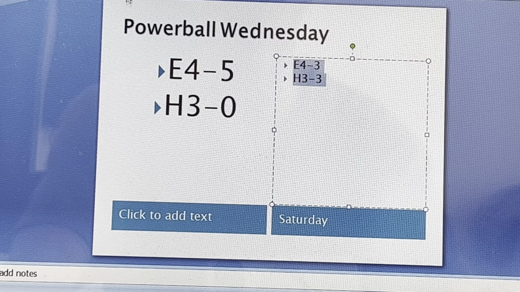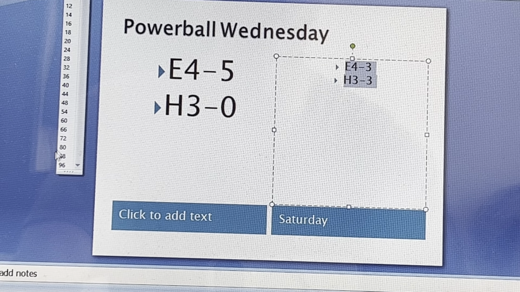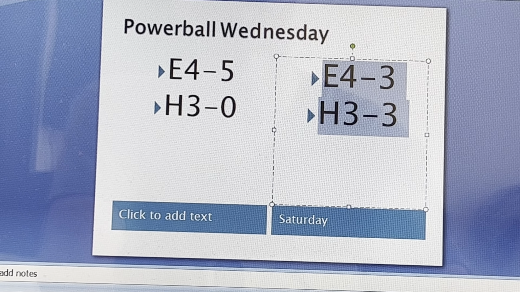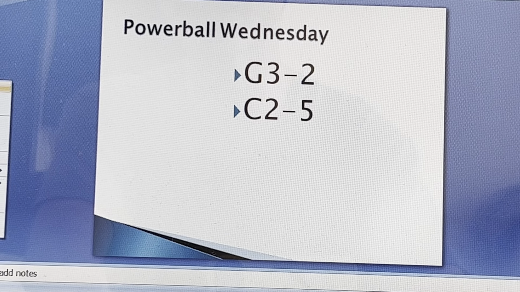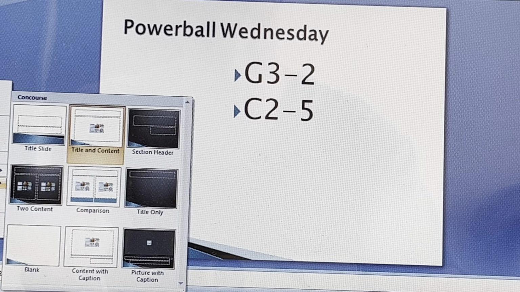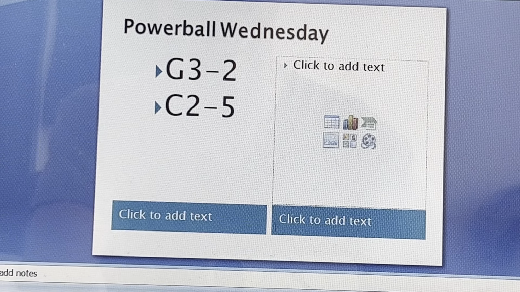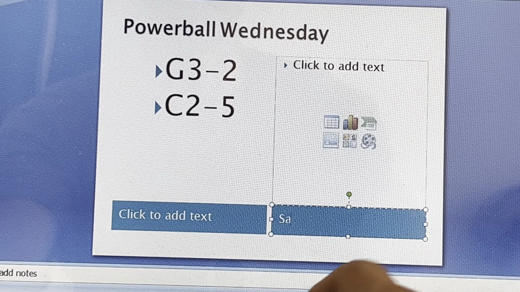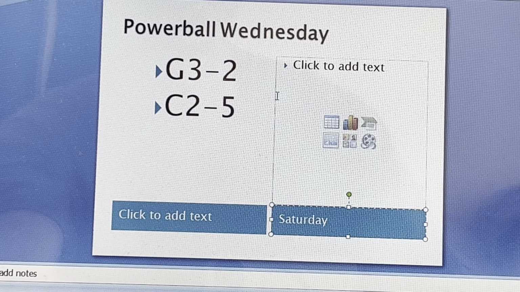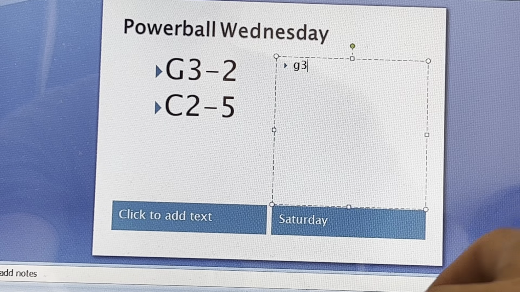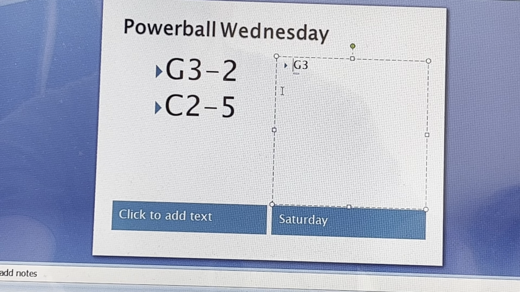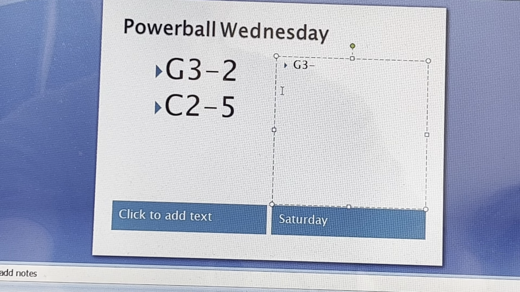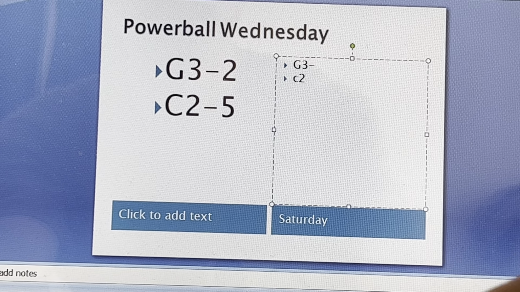So let's enlarge everybody so you can see what number they are. And for the next two coordinates, you have G3 and C2.